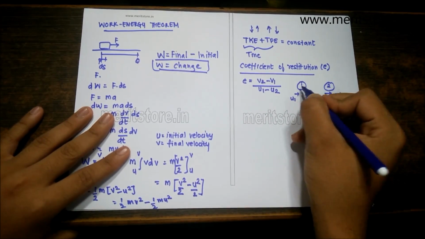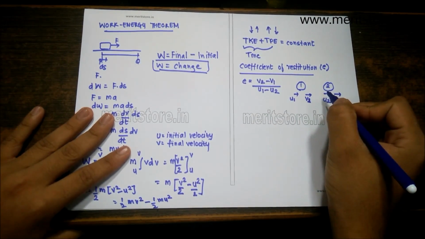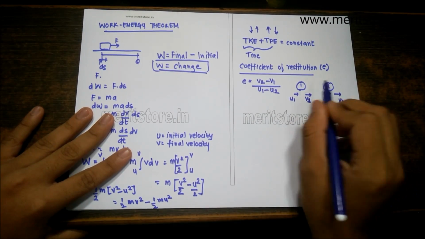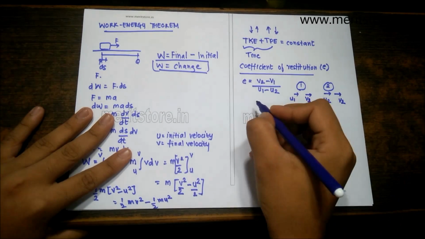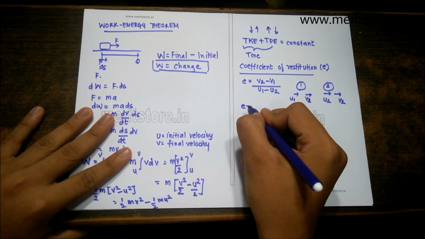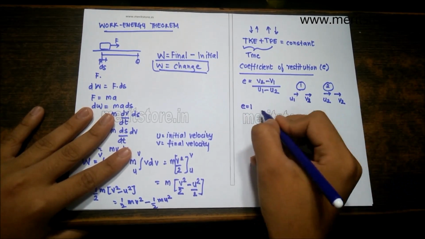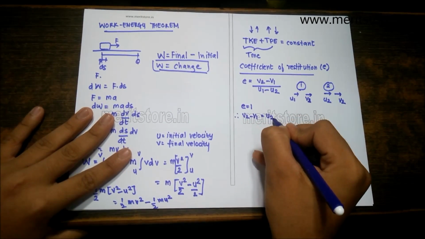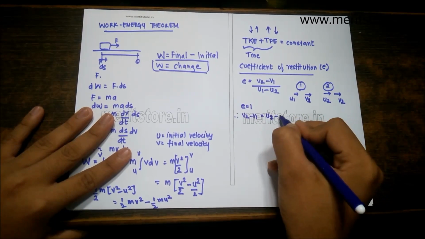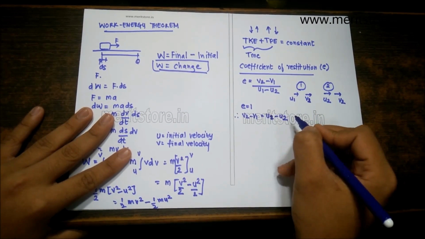What will happen when body 1 collides with body 2, and after the collision the relative velocity remains the same, which basically means that e is equal to 1. Therefore, v2 minus v1 will be equal to u1 minus u2.